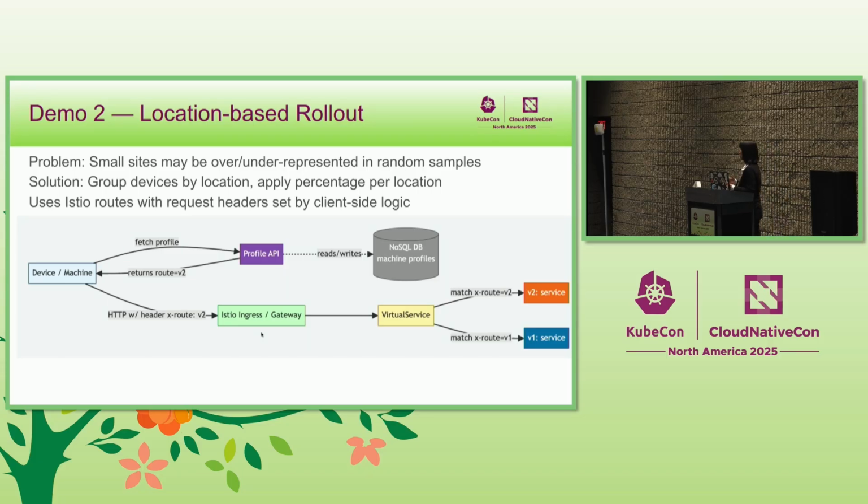But Istio traffic routing has another feature. It can route traffic based on the request header. When a kiosk sends a request to Istio, it attaches a header saying, I need to use route 1, V1, or other kiosks say I need to use this V2, and then Istio, based on that, gives them the right version.